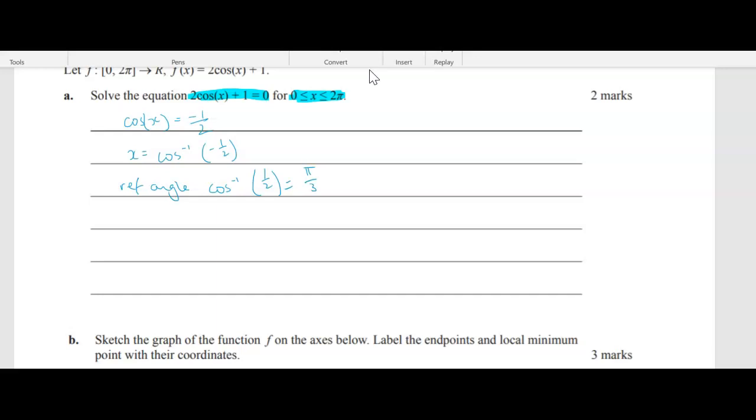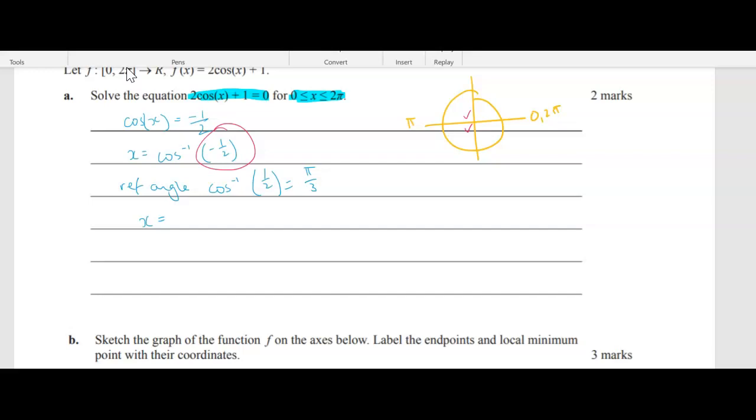Now, to find your other solutions, I would quickly draw the unit circle. We're going from 0 to 2 pi, which is nice, doesn't want to confuse us. And we're looking for cos where it's negative, because this is negative. So cos is negative in the second and the third quadrant. So our solutions, if I go back here, we're going to have x equals, now it's great that we're only looking at x.